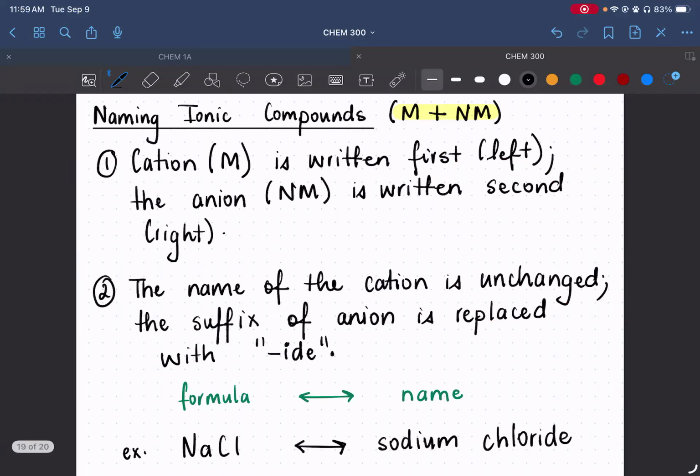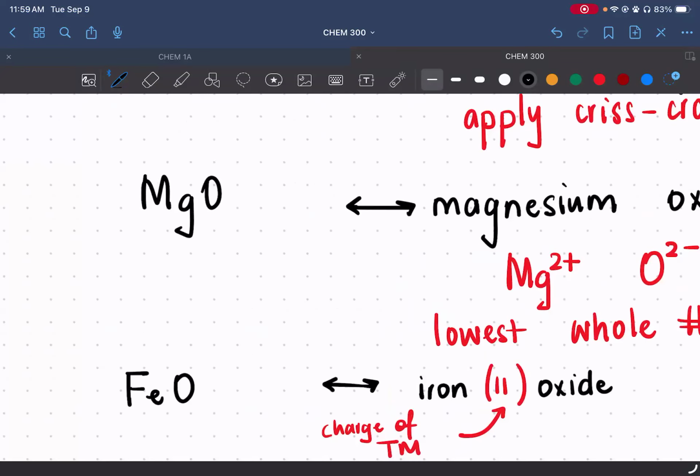So I said that transition metals, such as iron, have a variable charge, meaning you cannot just look at the periodic table and know what it's going to be. We do know that since it's a metal, it'll be positive. That's something we can confidently say. But to identify the charge, we need to look specifically at what else we've been given.